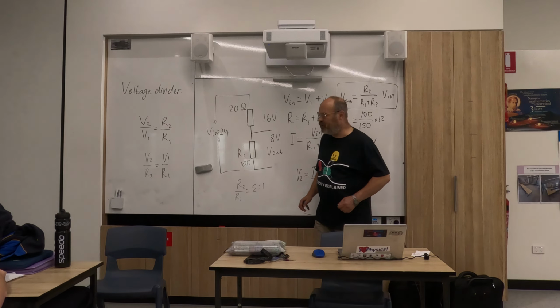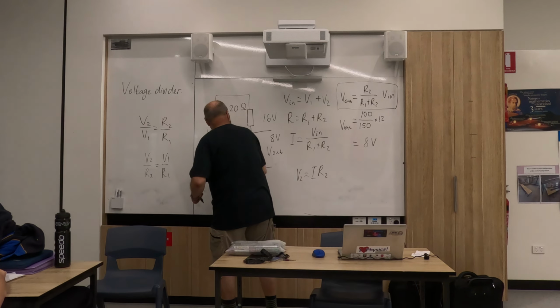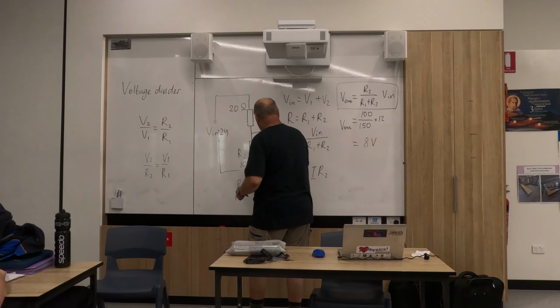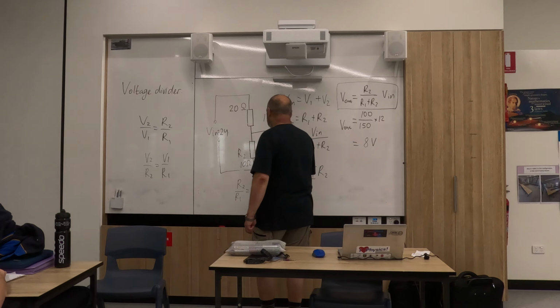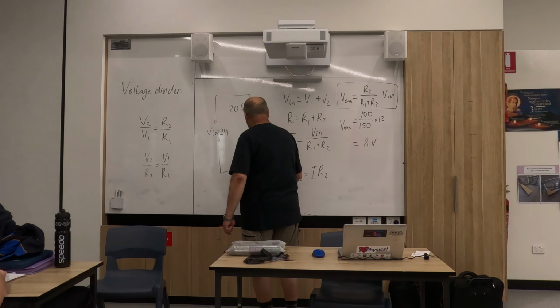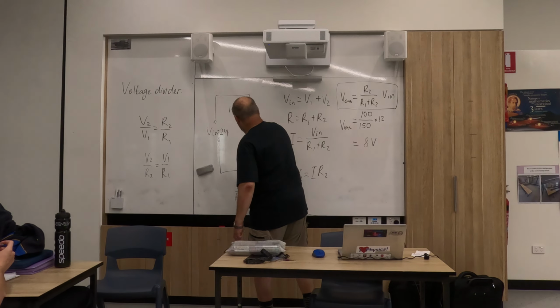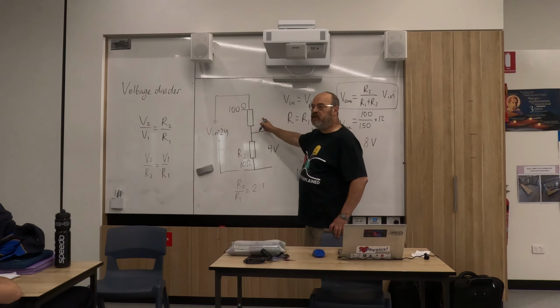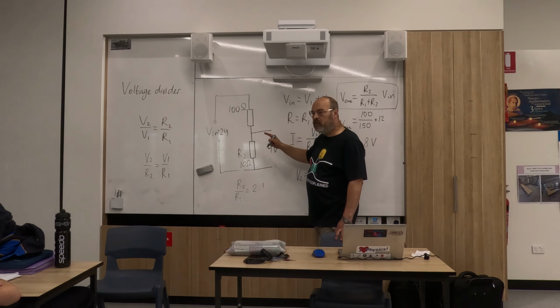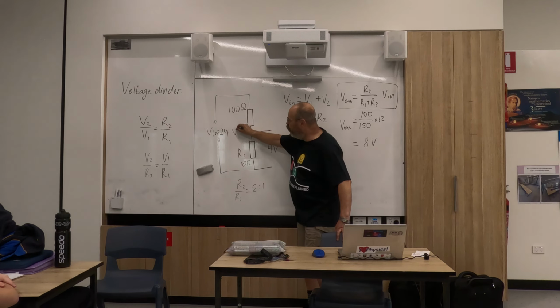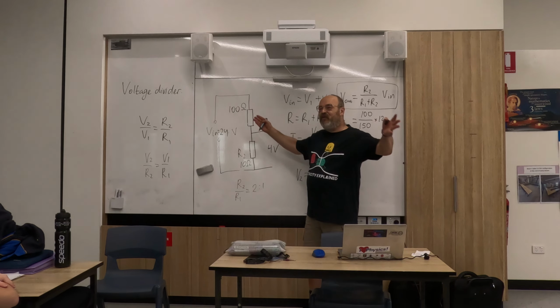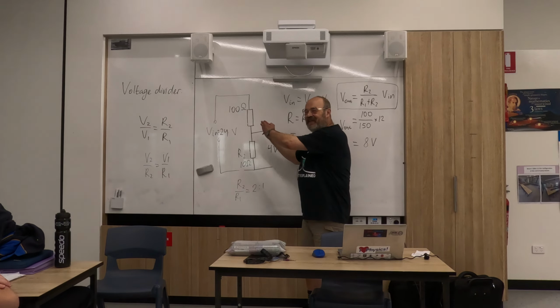Let's make another ratio. Let's say this will be 4 volts, and this, let's say, 100 ohms. So what will be the voltage across this? In total we supply 24 volts. Total 24, so how can we get 4?